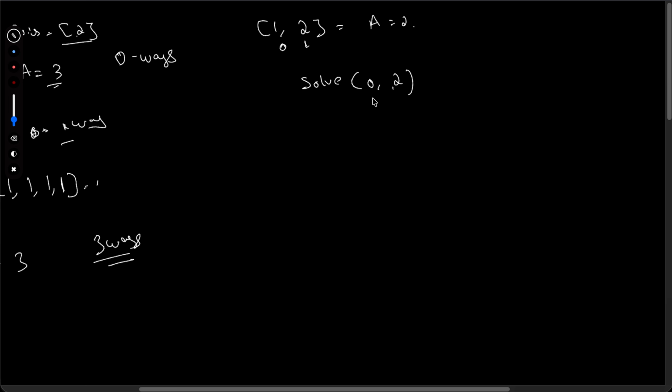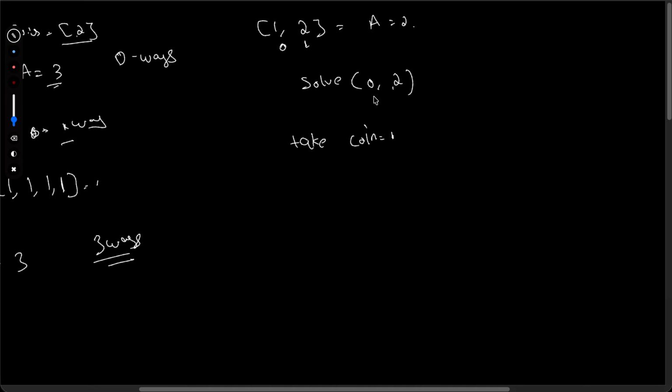So here we have two choices. Take coin 1, so the amount decreases by 1, 2 minus 1, and the new amount is 1.